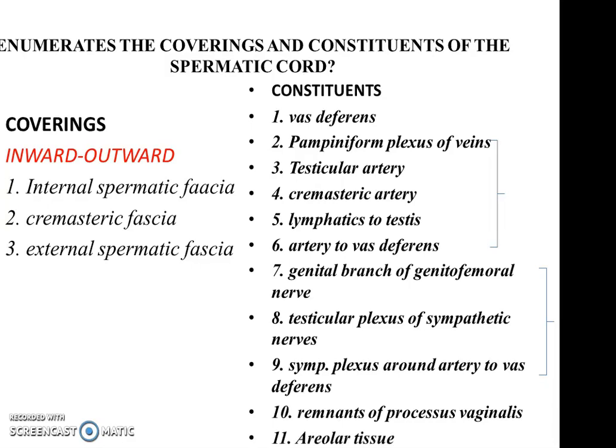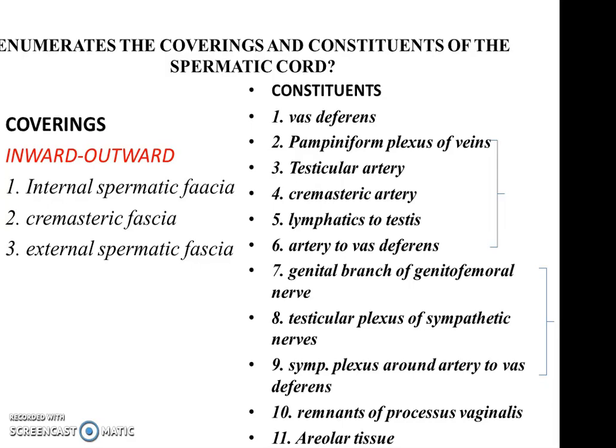So you simply split the structures into the principal structure, which is the vas deferens. Then the vessels around, which involve the pampiniform plexus of veins, the testicular artery, the cremasteric artery, and the lymphatic to the testis, as well as the artery to the vas deferens. The artery to the vas deferens will supply the vas deferens.